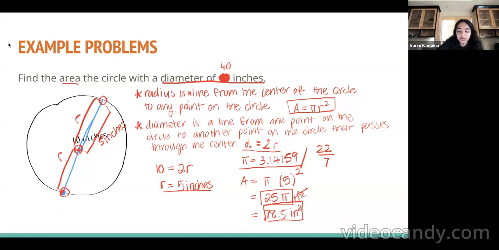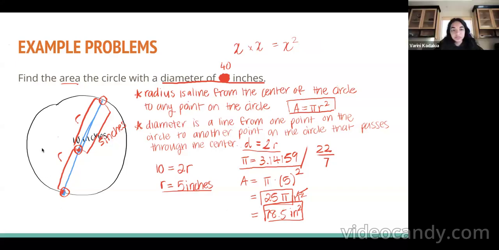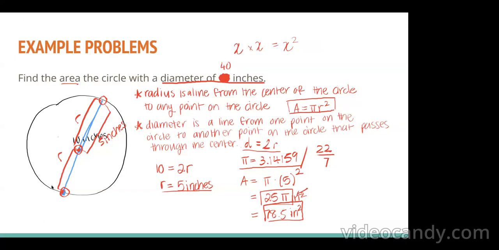You're doing x times x is equal to x squared. Does everyone understand how to do this? Yes?